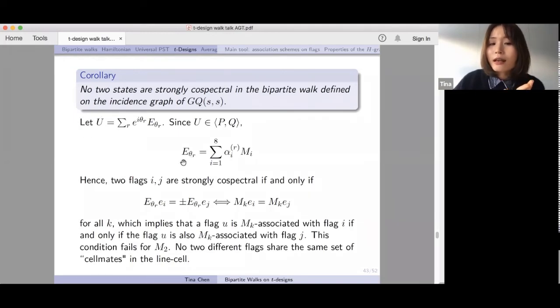So we can see this spectral idempotent also lies in this algebra, so we can write it in terms of the 0-1 matrix basis, which was defined before.